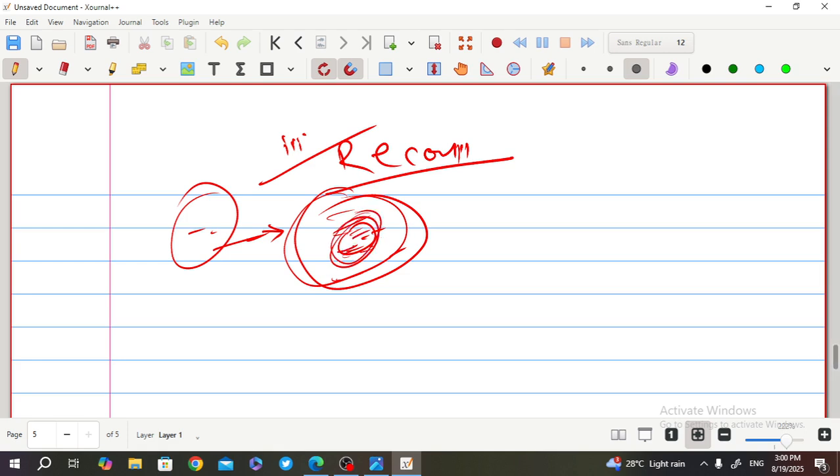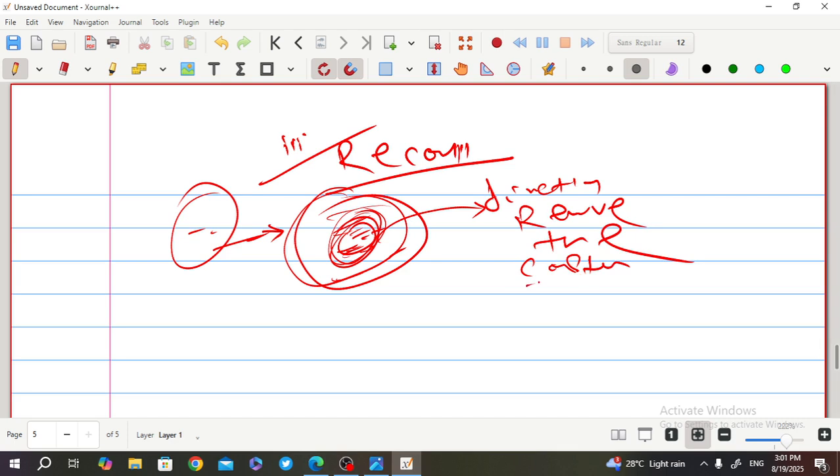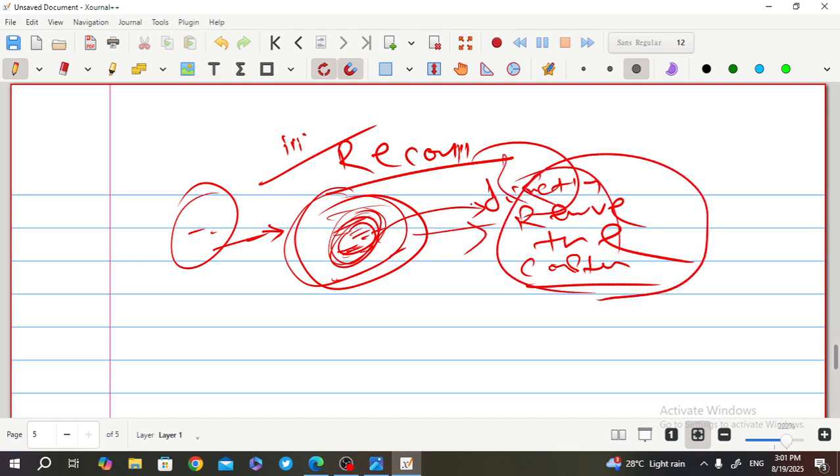Now they decide that the captain is not performing well, so they directly remove the captain without any formal impeachment process. This is called recall, and it is possible in direct democracy. They can directly remove the captain as well.